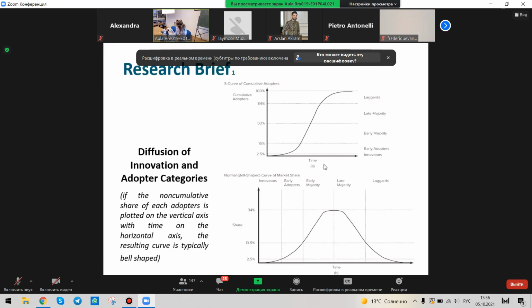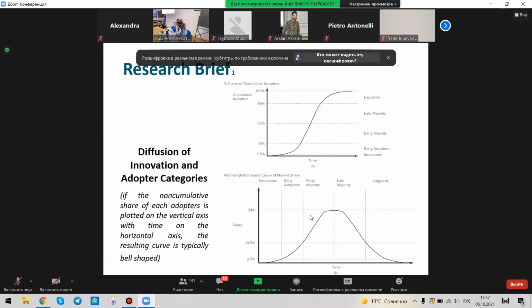What happens if we plot the time in which an innovation is adopted on the market with the share, so not with the cumulative percentage of the adopters, but with the share of the overall market that potentially can adopt an innovation?